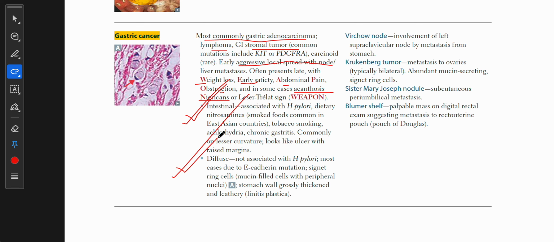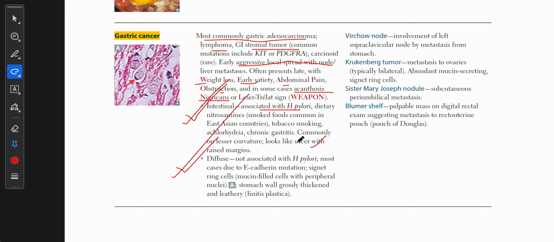In the intestinal type, right, there is associated H. pylori, nitrosamines, smoked foods common in East Asian countries, and also tobacco smoking, achlorhydria, chronic gastritis, commonly on the lesser curvature, looking like an ulcer with raised margins, right? So that is how it occurs.